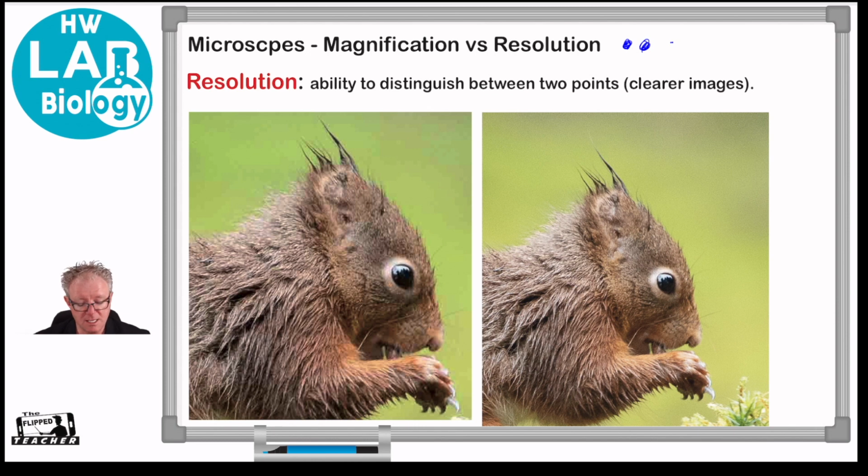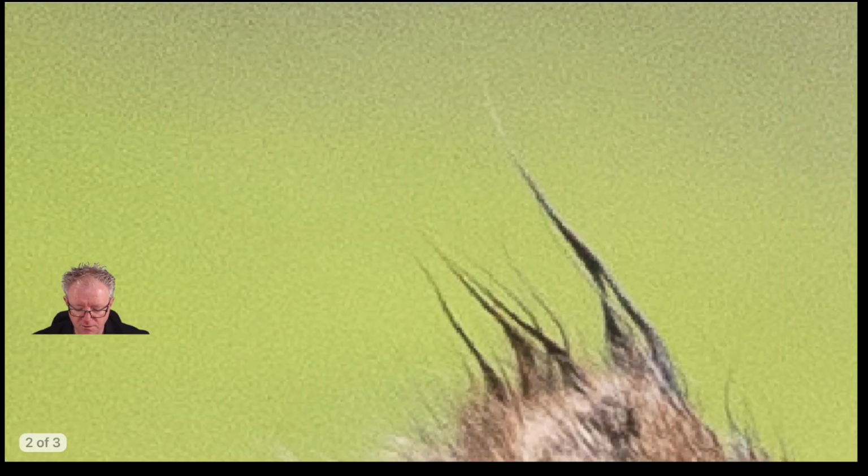What I've done here is take the image from the last slide, but now I've got a better quality image. I've got more megapixels of information, so it should have more resolution. Let's compare the two. Here's the original. You can see it's pretty blocky around there. Look how big the pixels are. There's one pixel, there's another pixel. It's very pixelated. But if I look over here, it's not crystal clear, but you can see there's more detail.